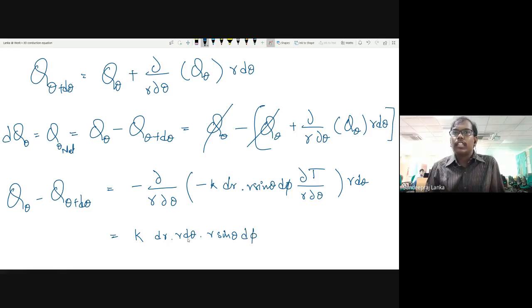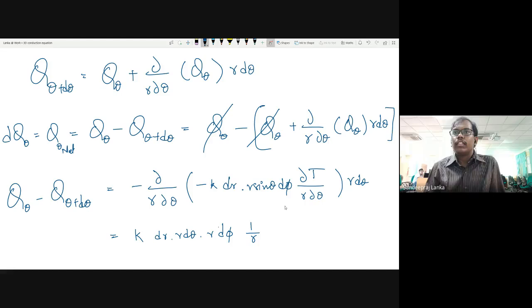This sine theta you cannot take out. Sorry, sine theta you cannot take out. Only r into d phi you can take out. Sine theta will be inside. Sine theta has to stay inside itself. And you have this 1 by r here. That 1 by r, I am writing it here.